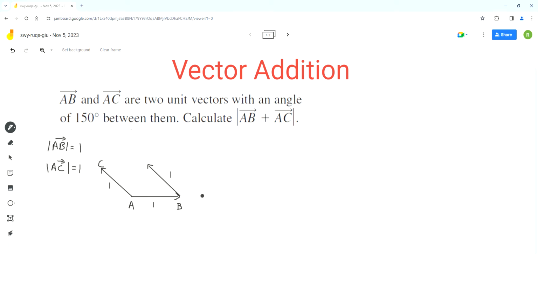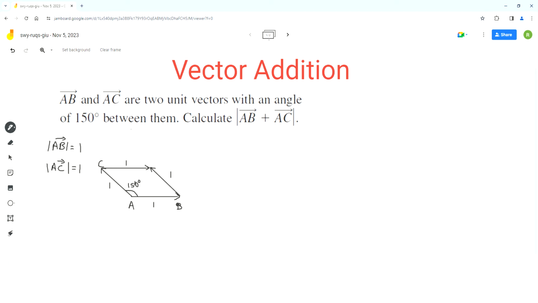And then we'll complete the parallelogram by drawing a vector which is equal to vector AB, in the direction from A to B. So this vector also has a magnitude of 1. The angle between the vectors AB and AC is 150 degrees. Now this is the parallelogram.